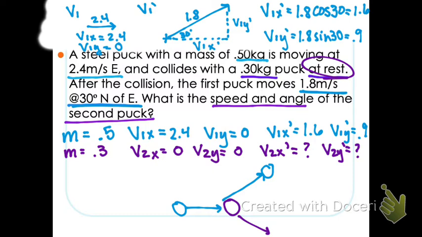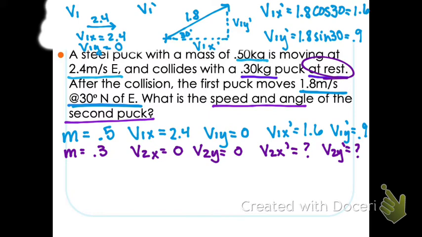I think it might go in that direction, right? That's the prediction we can make, just based on what we know of collisions. If momentum is conserved and one of them's going north as well as east, the other one's probably going to be going south as well as east. It would be a shock to us if our second object ended up going that direction, right? So things to be aware of as you do the math. We're looking for our y component maybe to be negative, but probably not our x component. It shouldn't be negative, okay?